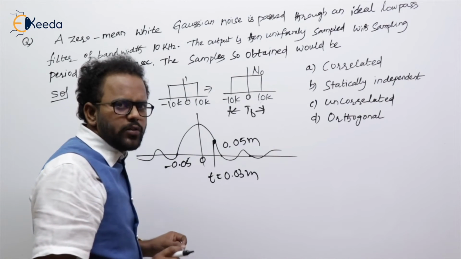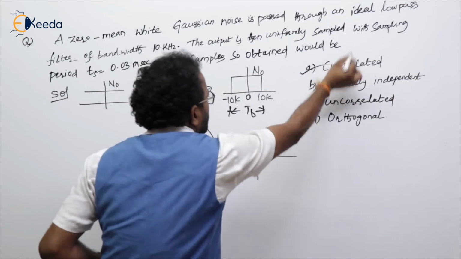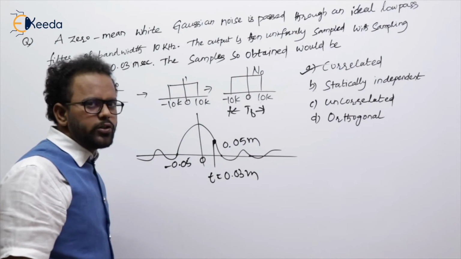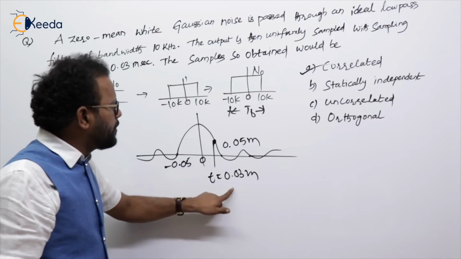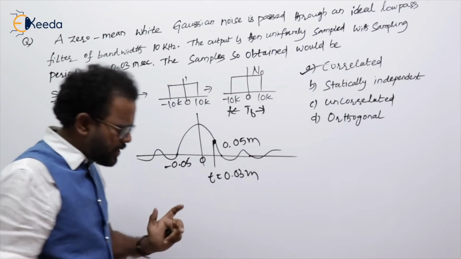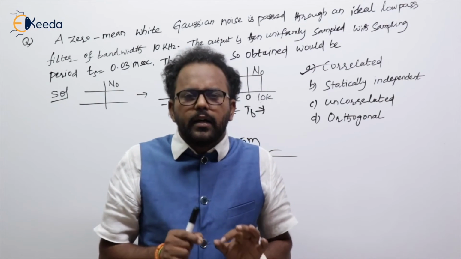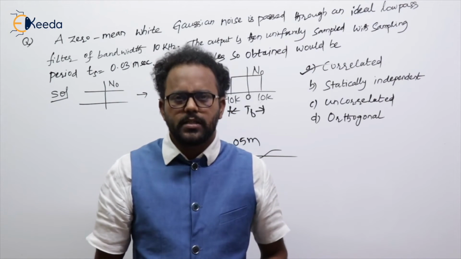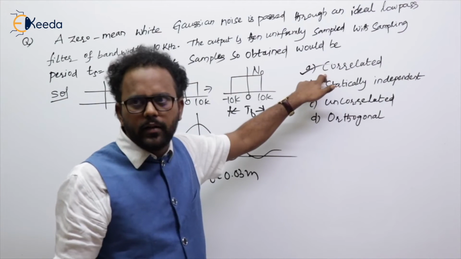Equal to 0 means uncorrelated or orthogonal, but not equal to 0 means correlated, because the autocorrelation function is nothing but the relation between the two functions. Not equal to 0 means both are correlated. Clear?